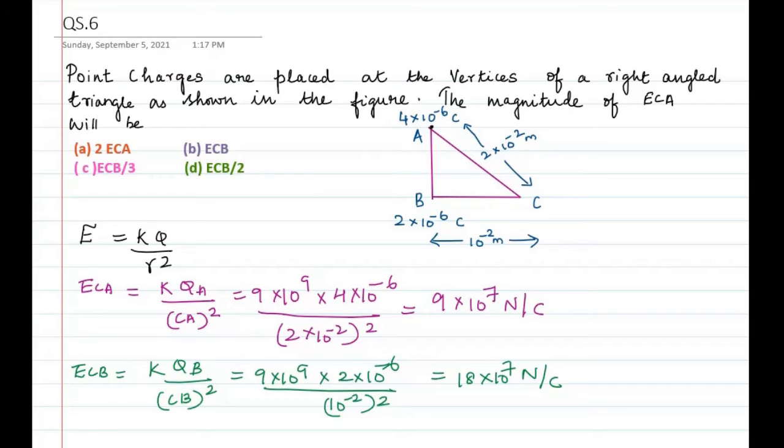Now when you compare ECA and ECB magnitude values, we conclude that ECA is equal to half of ECB.